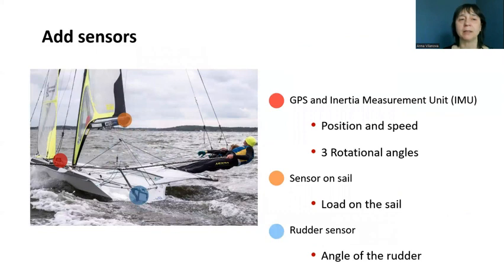A final sensor that is used in the boats is for the rudder. The rudder indicates how the orientation of the boat is being changed through the race or through the trajectory.